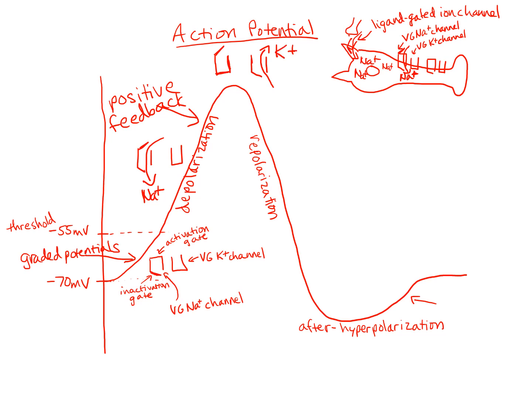And so if you have potassium going out, and then our voltage-gated sodium channel is still closed here. And so if you have potassium leaving the cell with its positive charges leaving, that's going to make the cell more negative inside, and so that's going to cause this repolarization phase.